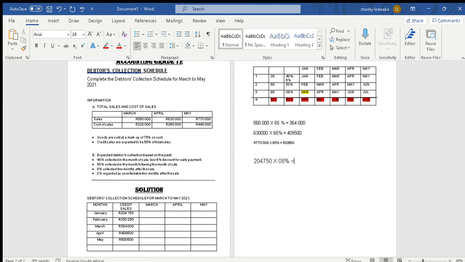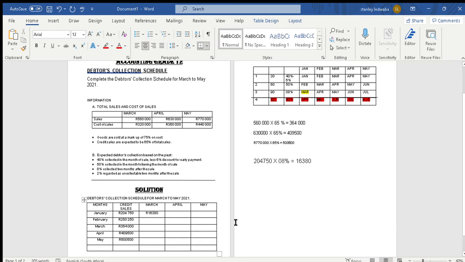Then how much is it going to give us? 204,750 multiplied by 8% gives us 16,380. Okay, then this means that for March we collected 16,380.